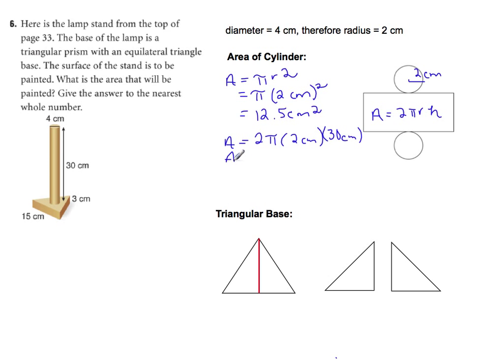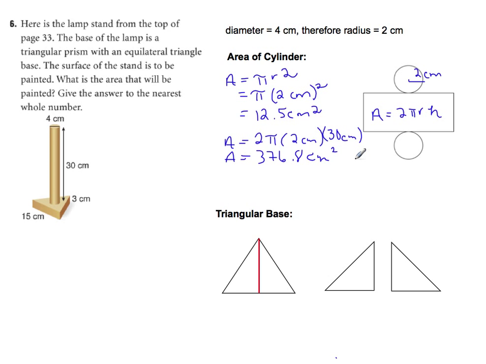And I get 2 times 3.14 times 2 times 30, and I get 376.8. And again, it's centimeters, and we're dealing with area, so it's squared.